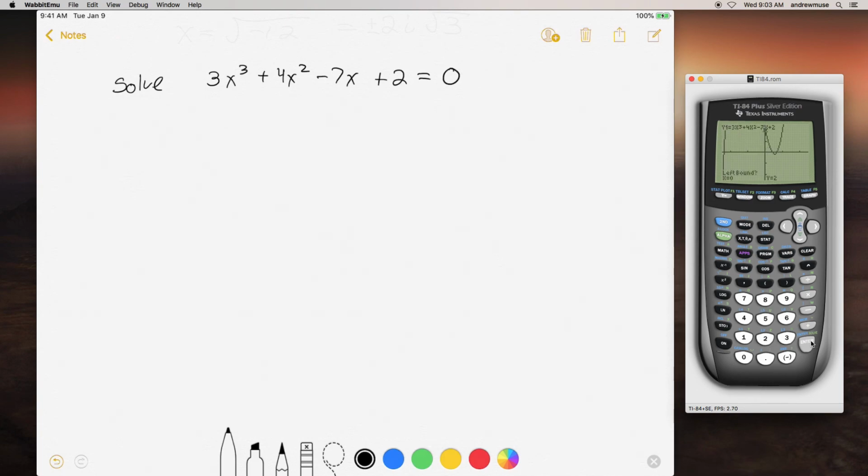On the other example I did, it was -7 and 2. Let me find this guy right here. Okay, I'm to the left, to the right, and we find it to be -2.4144.